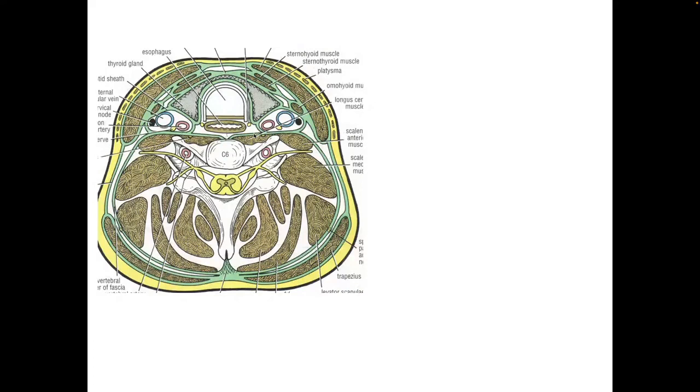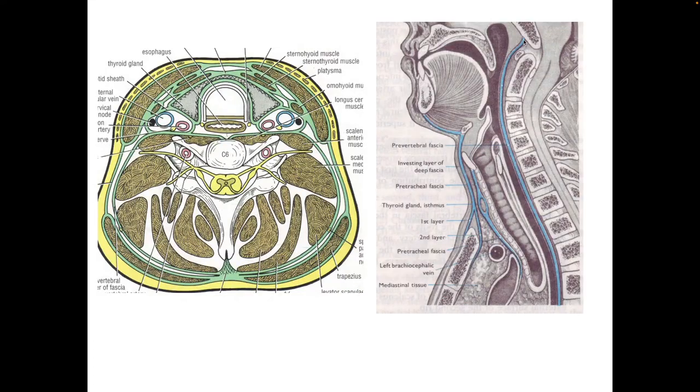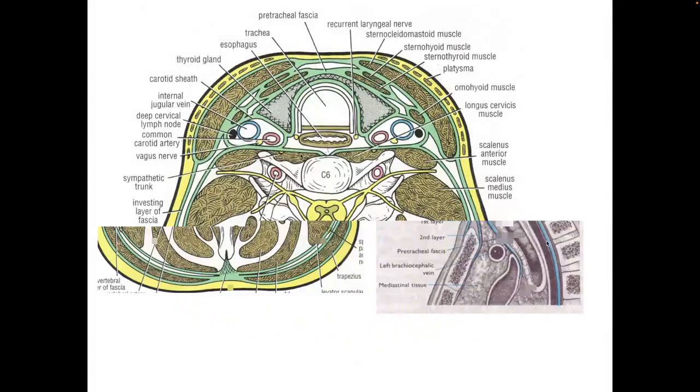So it is extending from the base of the cranium to T3. Okay, and anteriorly, when it is extending, it fuses with the anterior longitudinal ligament. So here, if you can see, prevertebral layer.